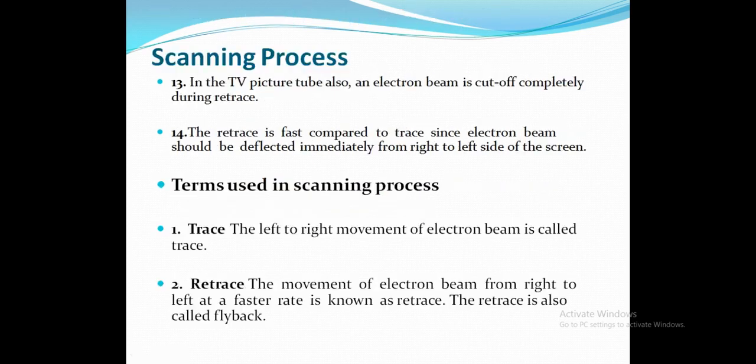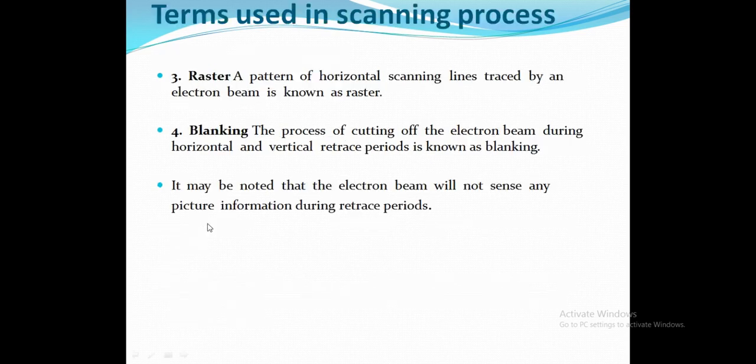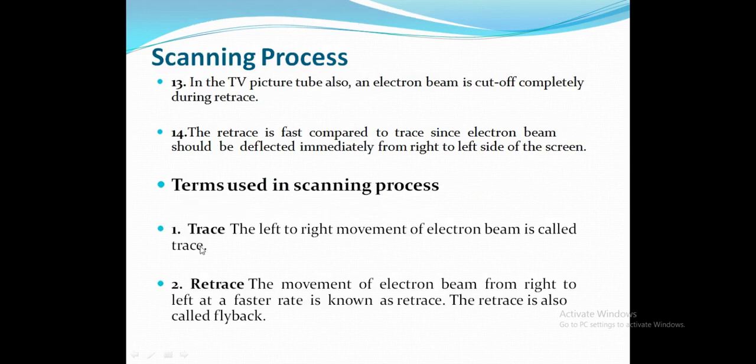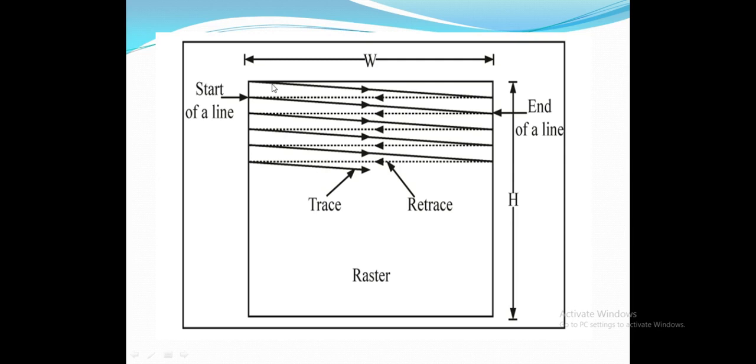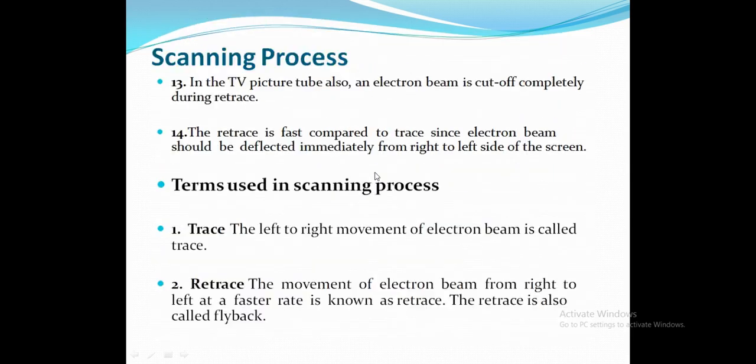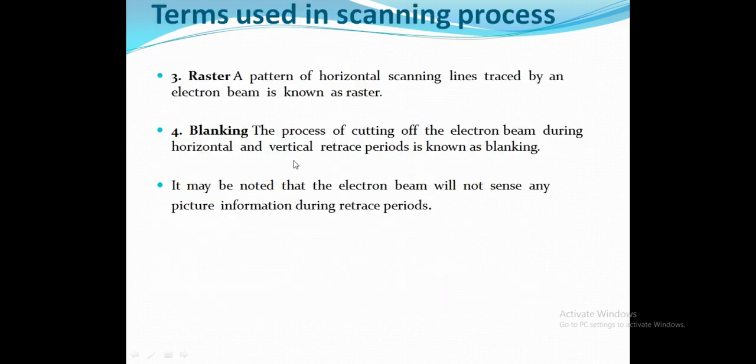So the terms used in the scanning process: trace, retrace, raster, blanking. Trace is the left to right movement of the electron beam, and right to left movement is called retrace, also known as flyback. Raster is a pattern of horizontal lines traced by the electron beam.